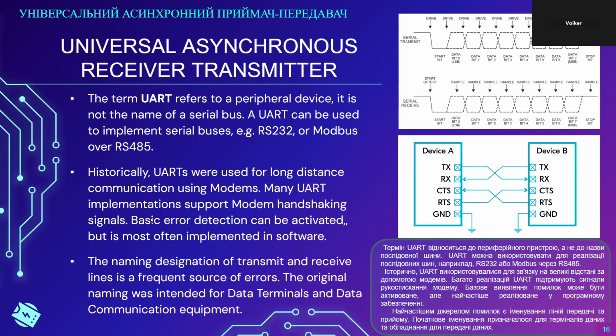Modbus is one of them. There's Profibus. There's a number of other industrial buses that use RS-485 and are implemented by a UART. A UART is the device that is essentially organizing the shifting of the parallel data into serial data in an asynchronous way.